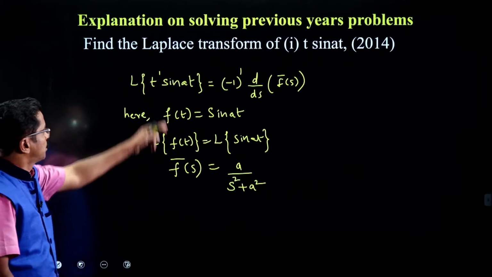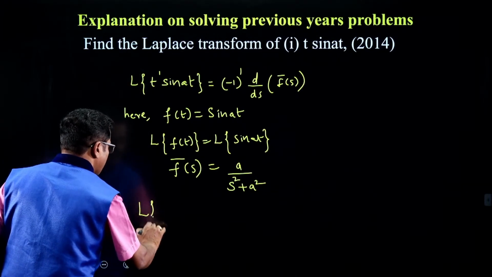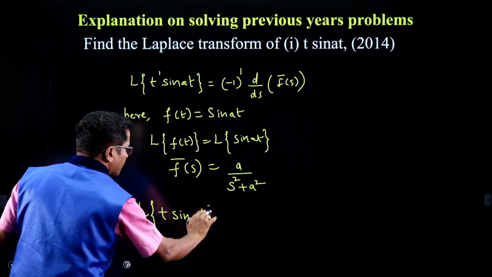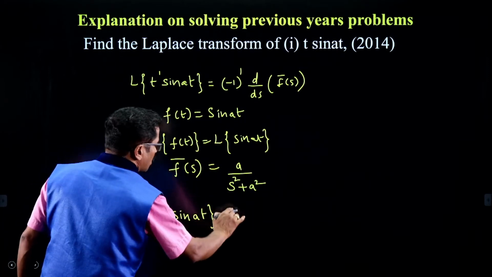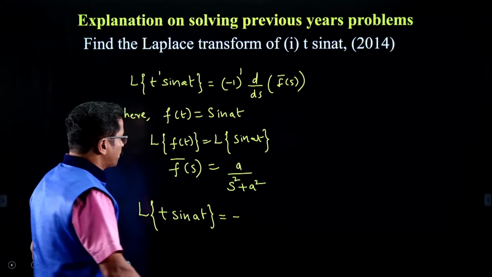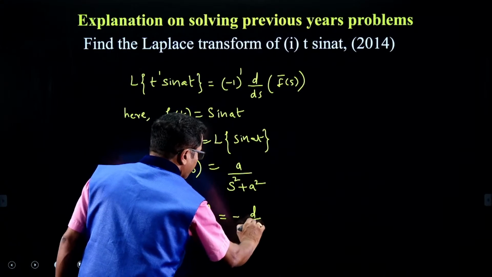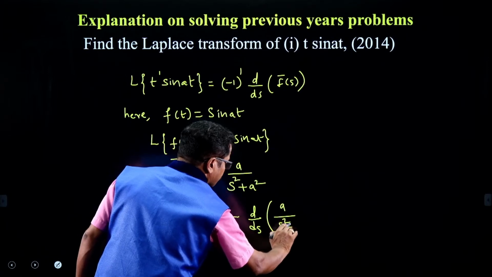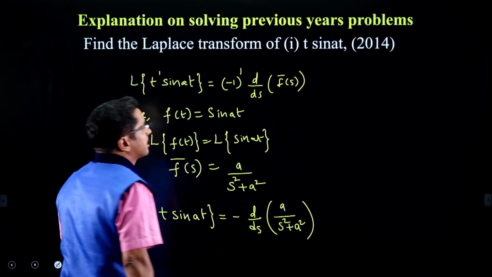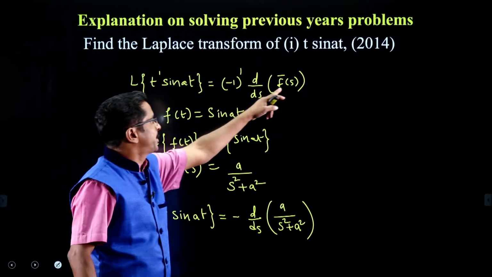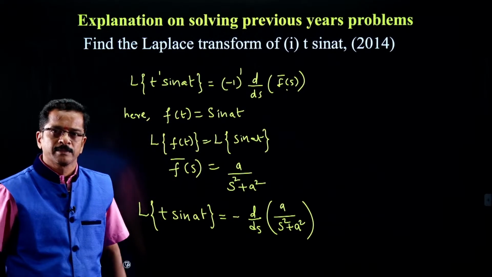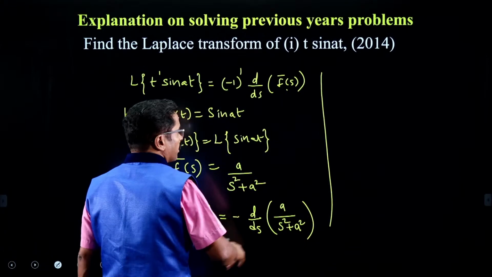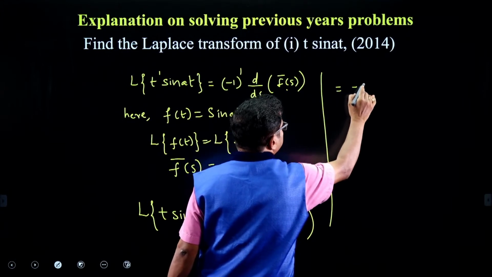Okay. So now on evaluation of Laplace transform of t into sin a t is equals to minus 1 whole power 1 into d by ds of a by s square plus a square. D by ds of f bar of s. F bar of s is a by s square plus a square. So now, where a is constant, you can bring it out, minus a.